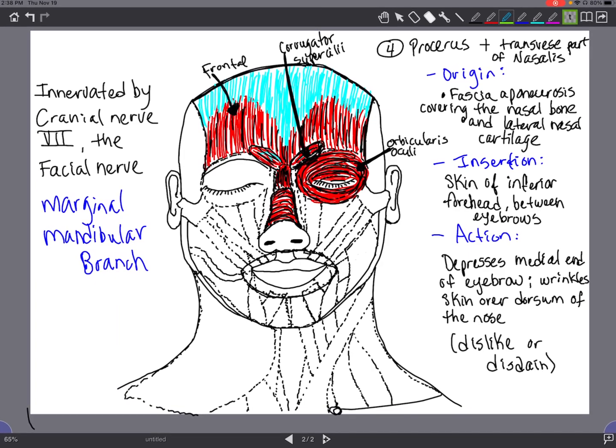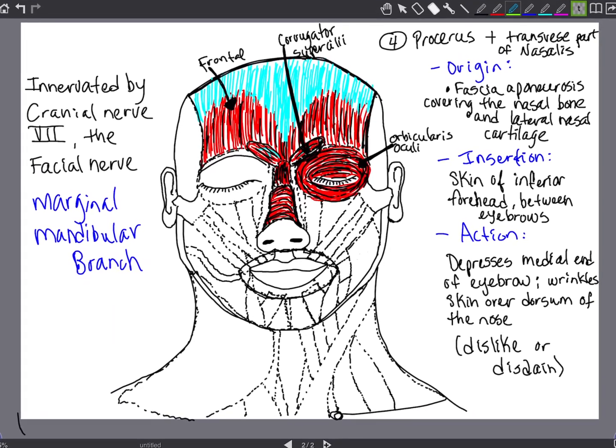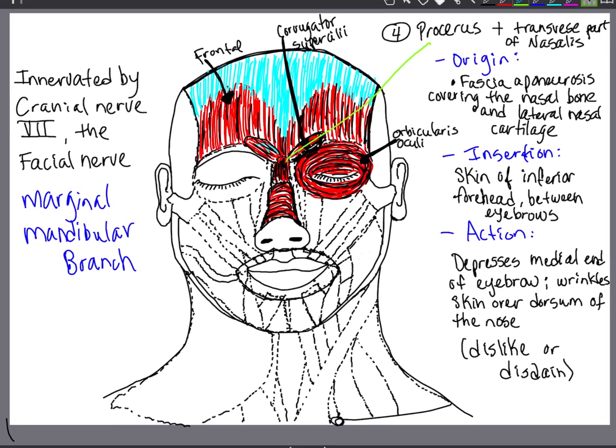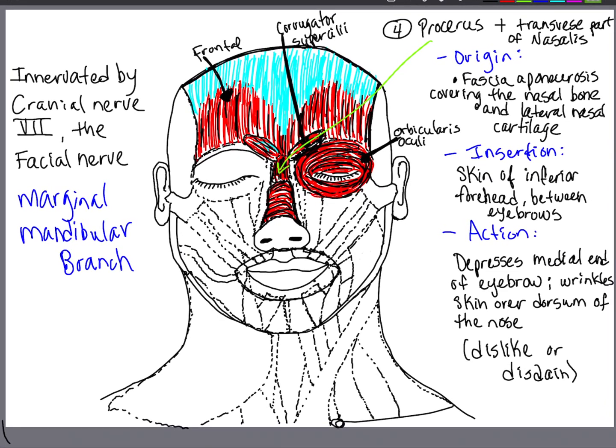The fourth and fifth muscle here is the procerus, which is this muscle right here, and the transverse part of the nasalis. Nasalis is this muscle right here. So the origin is going to be the fascia aponeurosis covering the nasal bone and lateral nasal cartilage.